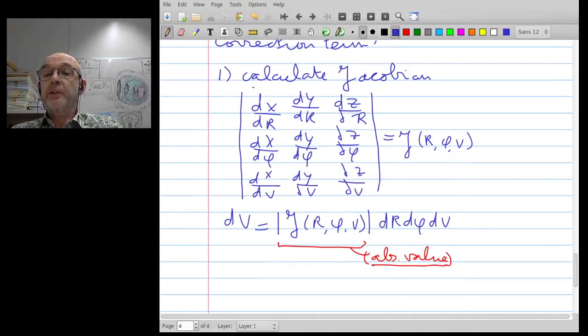So these are the steps to do it. And then this will be the correction term. Okay, now I have done enough for this part.